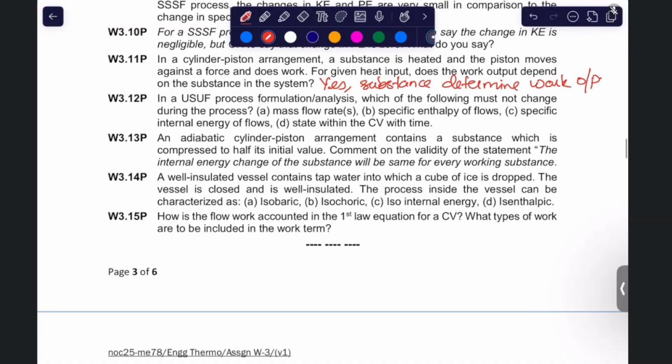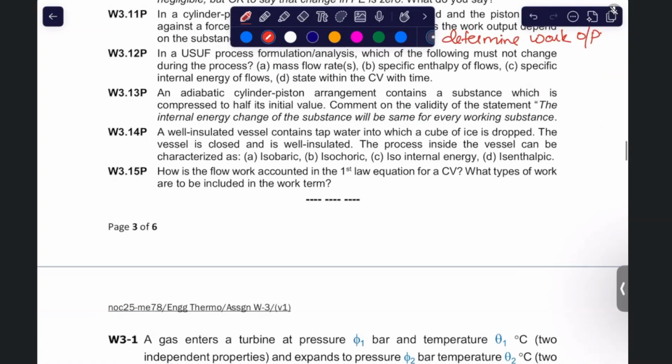Another thing is, it depends on the working substance. What they are saying is, since it's an adiabatic system, delta Q equals 0. So according to the first law, the work done is going to be the change in internal energy. For one particular working substance, that is going to be the same.